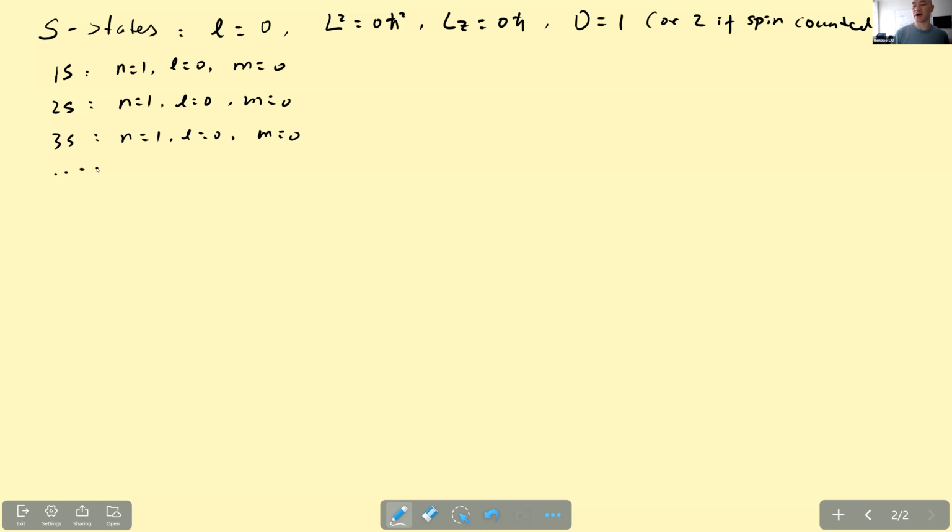You can continue this, so you can have any S states. For these S states, the angular part is Y_00 of theta, phi, which is just a constant.